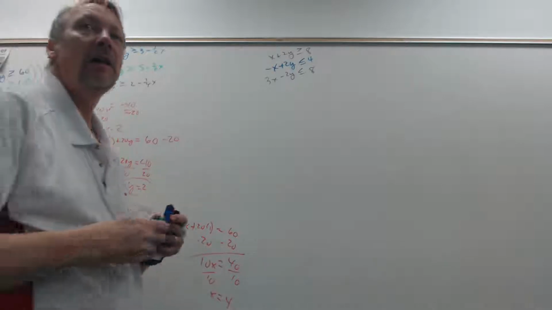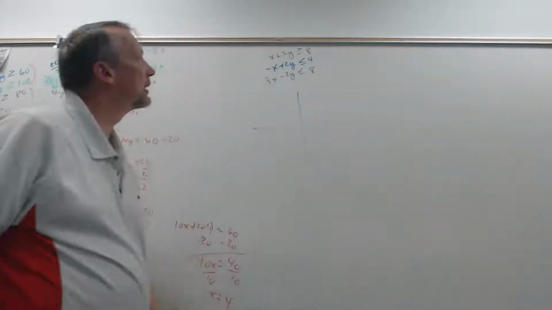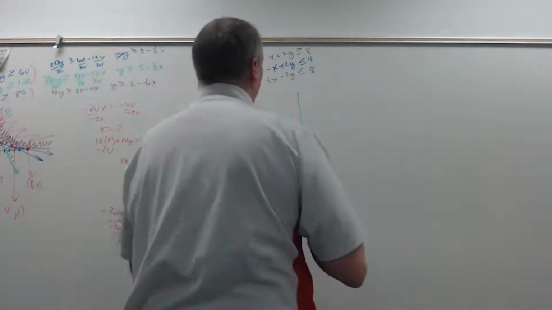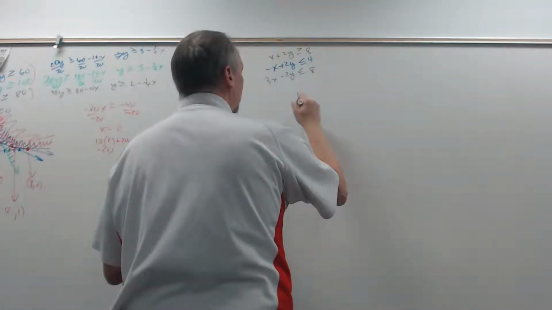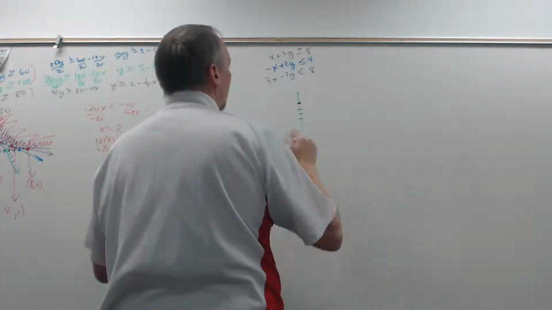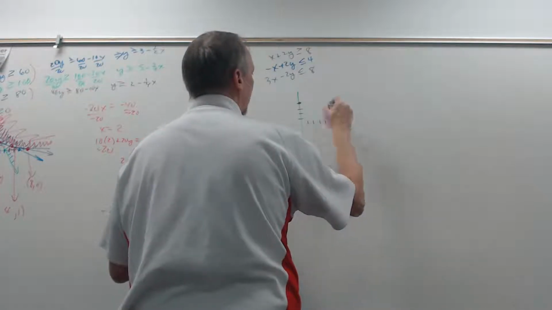What do you think? So the first graph, when x is 0, y would be 4. 1, 2, 3, 4. And the x-intercept would be 8. 1, 2, 3, 4, 5, 6, 7, 8.